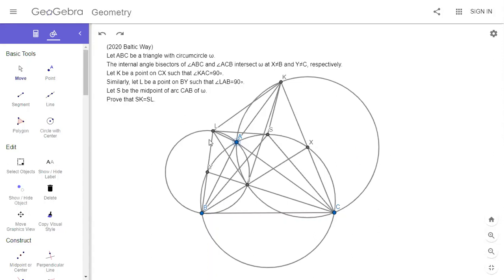So hold on just a sec. Yeah, so once I show that SY is the bisector of IYL, that would show that S is this, oh, okay, yeah, I think we've solved it.